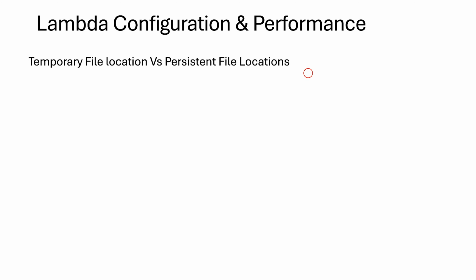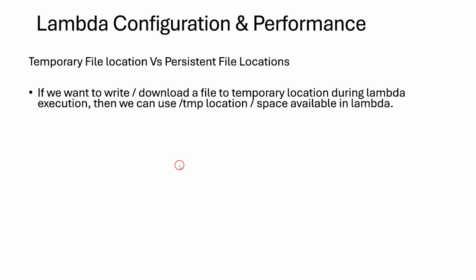But if you need a temporary file location, or if you want to write or download a file to a temporary location during the Lambda execution, then we can use the /tmp location or space available in Lambda. In Lambda we have a path called /tmp.